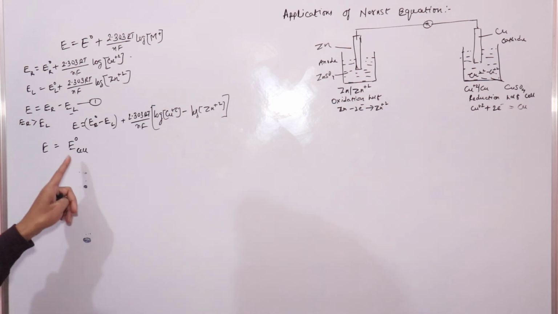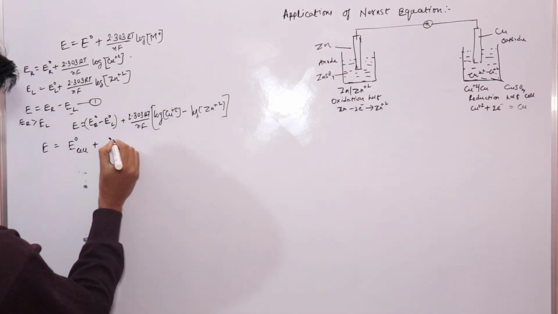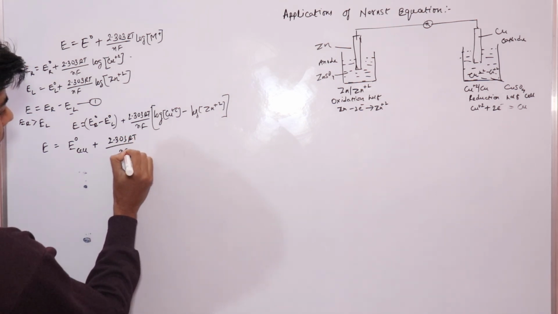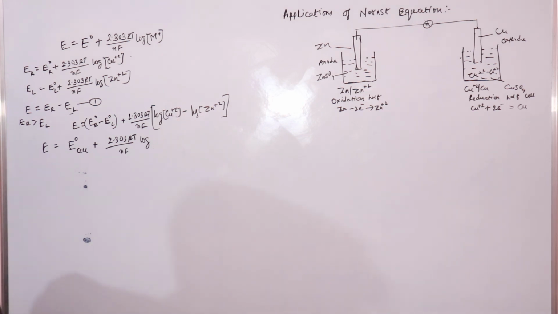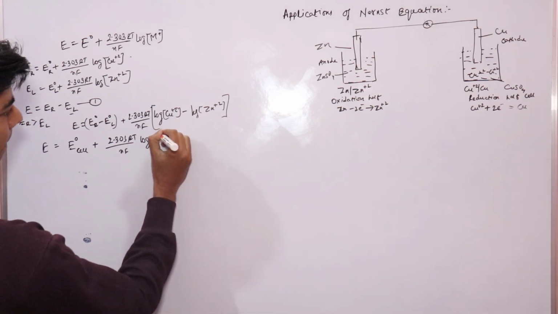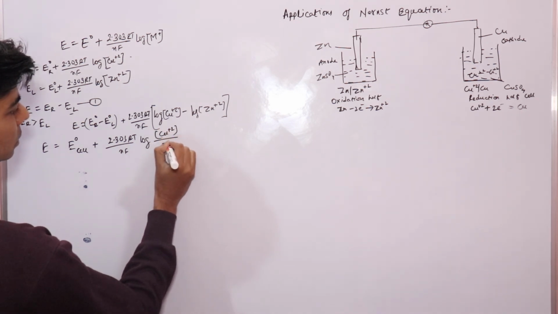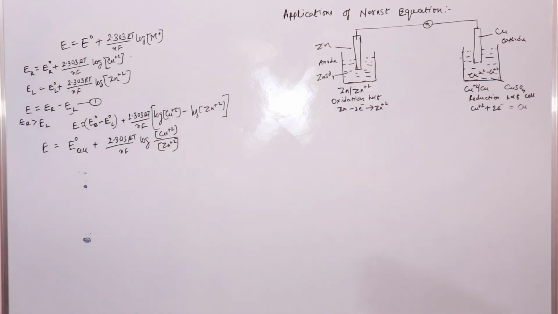ER minus EL would be the standard EMF of this cell, plus 2.303 RT upon NF log of, from the formula of logarithm, the copper ion concentration upon the zinc ion concentration, right?